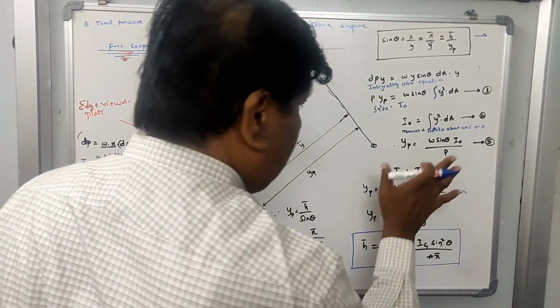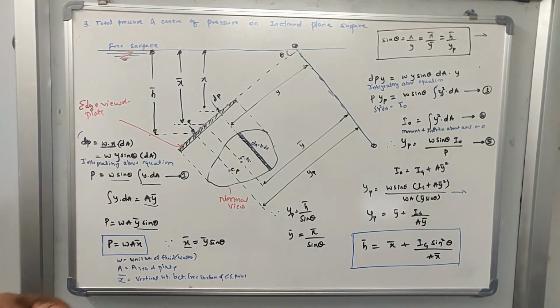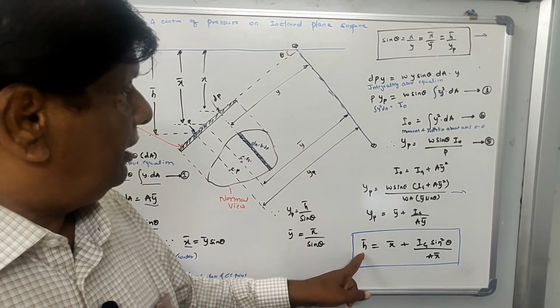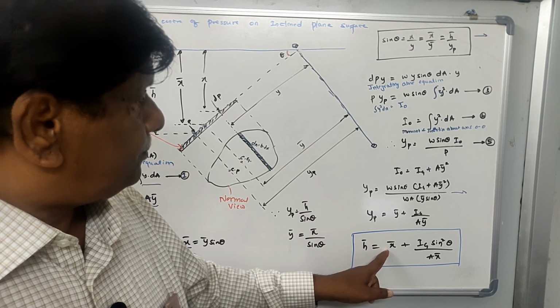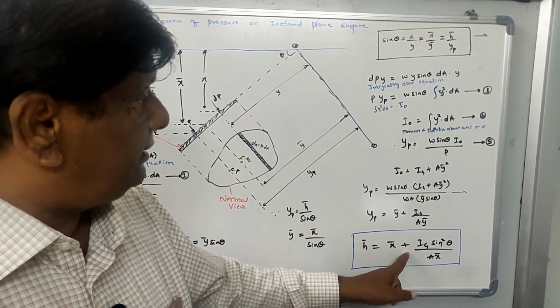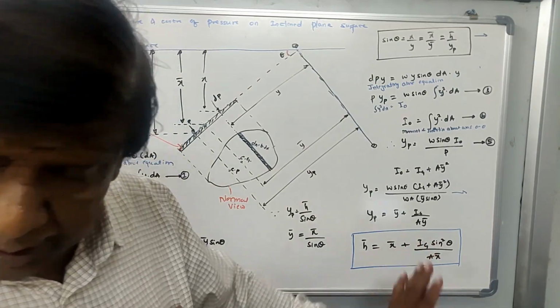It is just numerical simplification. So the center of pressure h bar is equal to x bar plus IG sin square theta by A x bar.